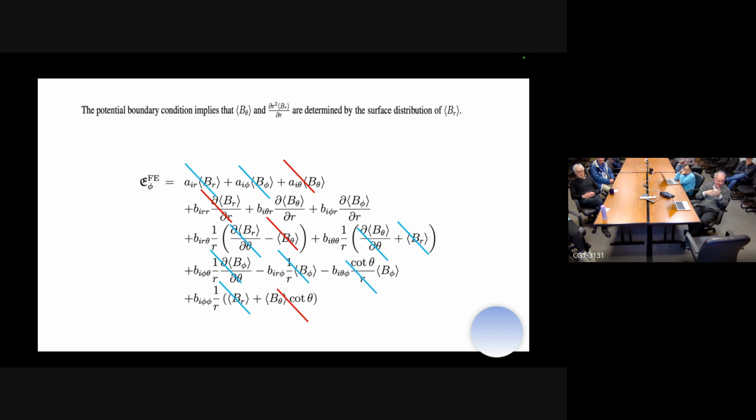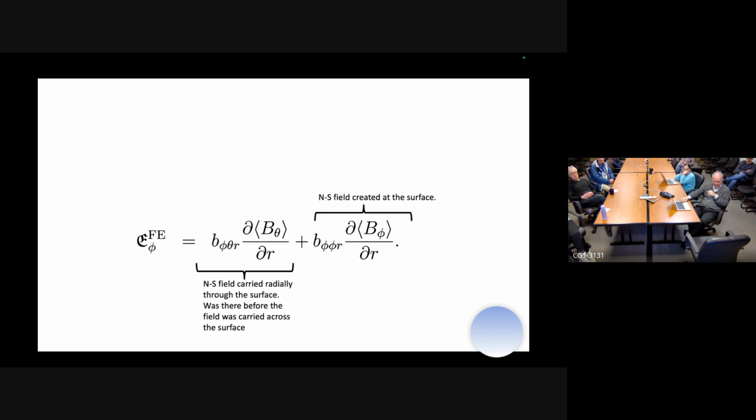So in the potential field model, they're exactly determined by BR at the surface, the spatial distribution of it, and in observations, again, the component associated with flux emergence, these should vanish. This leaves you with two terms.